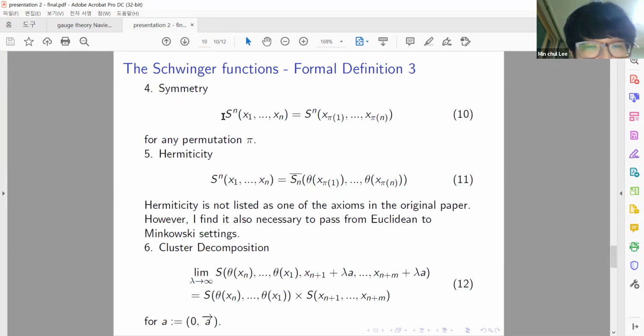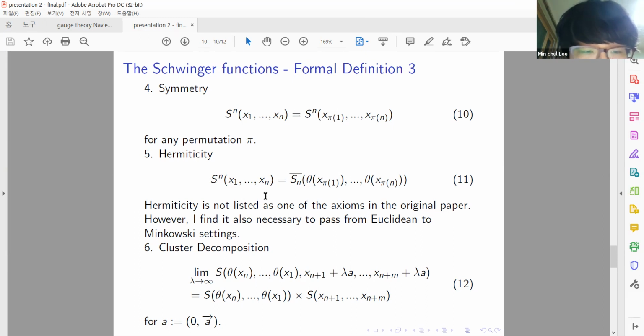And symmetry is that for any permutation of the arguments, the Schwinger function is invariant, and hermiticity is like this. For any permutation and for reflection positivity, you just get the conjugate value of the Schwinger functions.